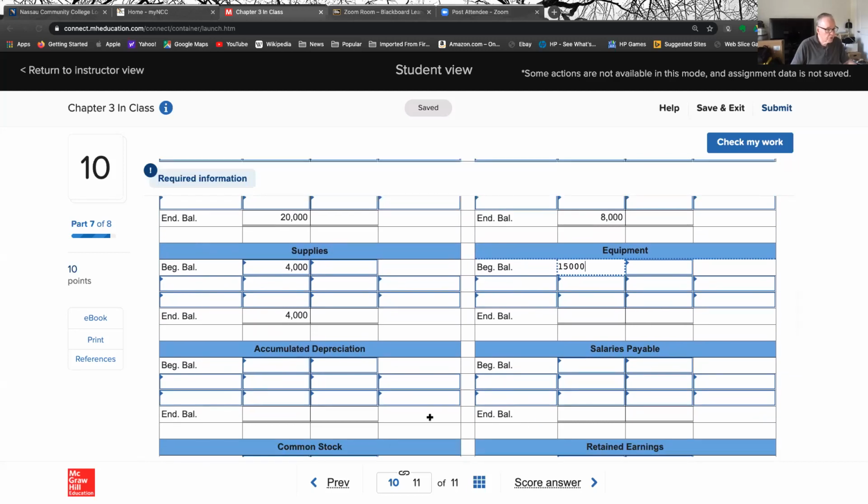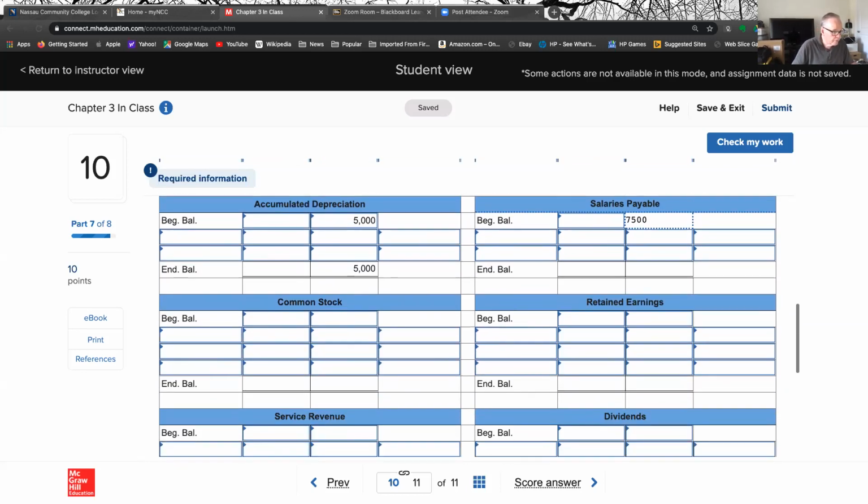Accumulated depreciation. Now remember, accumulated depreciation has a credit balance, right? A credit balance. That's 5,000. Salaries payable, liabilities have credit balances, 7,500.